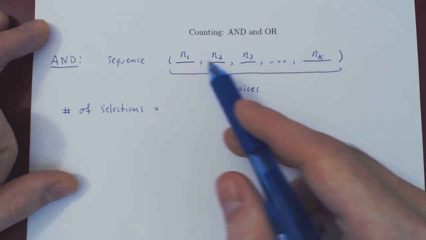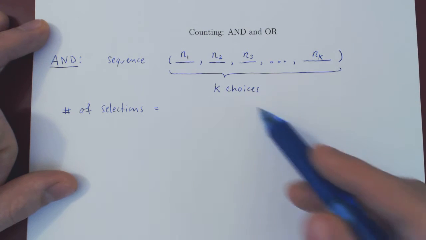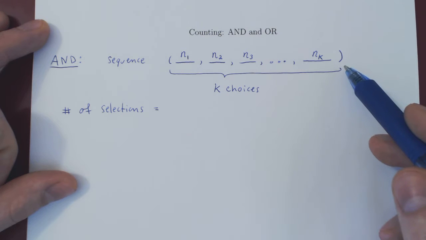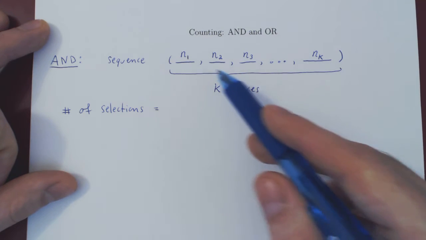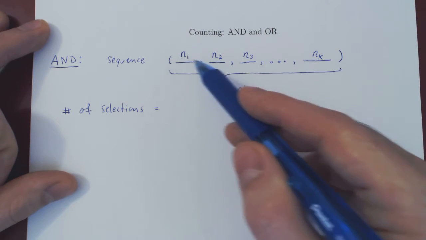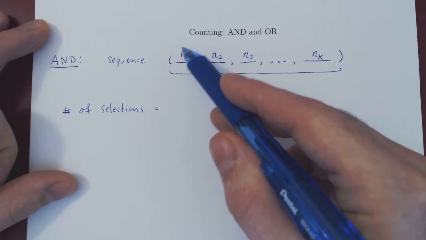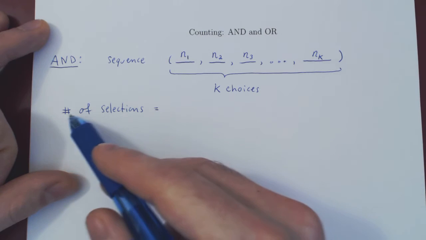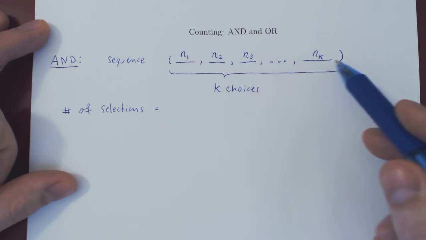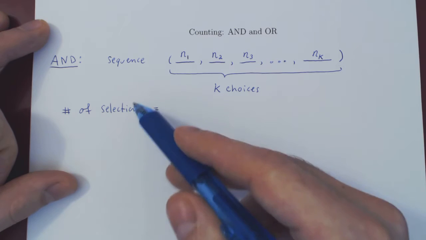So what we have is simply a Cartesian product, and if you remember, when you have a Cartesian product and you want to know the total number of possible elements, you have to multiply the number of possible elements for each slot, for each choice, and this will give you the total number of possible selections.